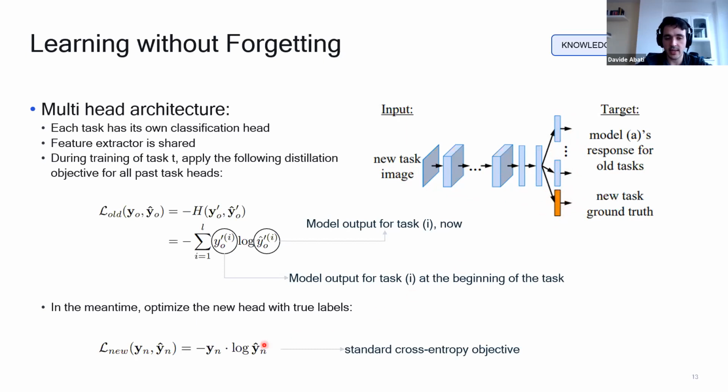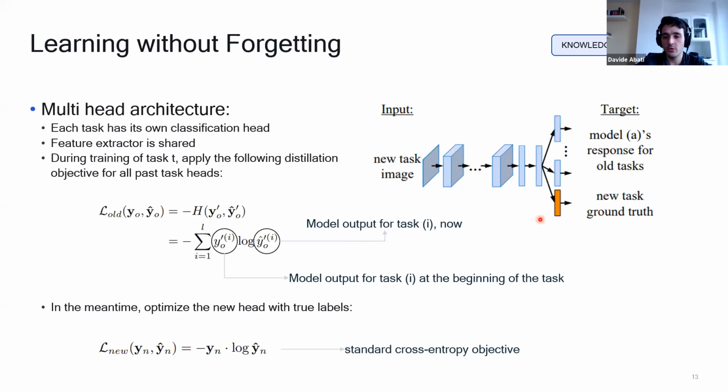And as you train this new head with the standard classification loss, this will compute gradients for the whole network. You also, for each past head, devise this distillation objective, which is a cross entropy between the response of, let's say, the first head just before training on the new task, and the response of the first head now.